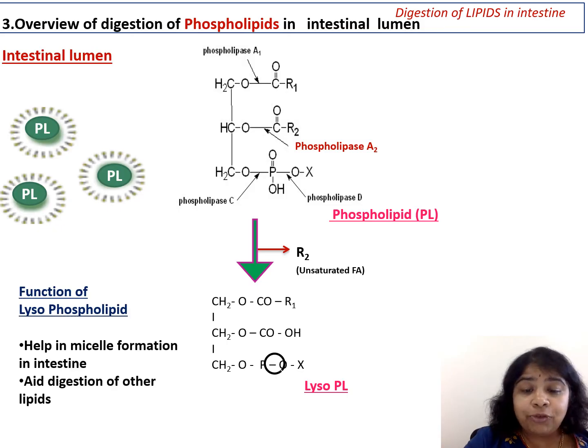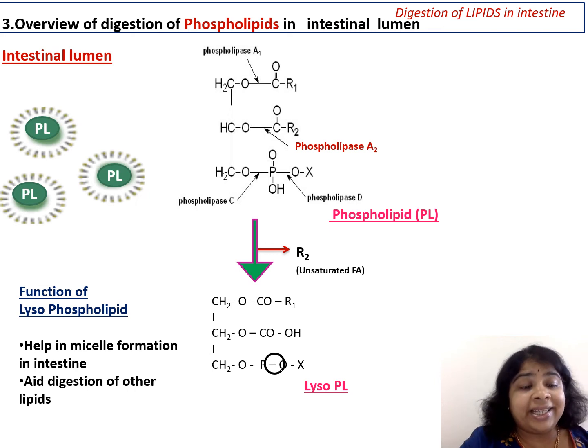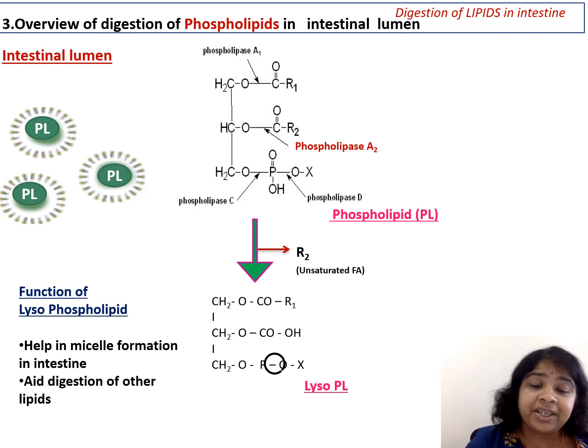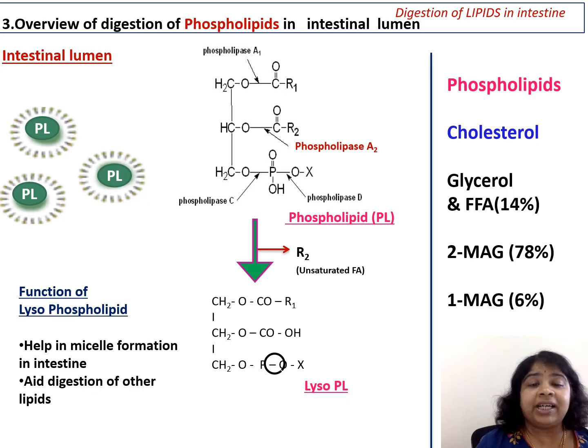This lysophospholipid is amphipathic in nature and therefore helps in micelle formation and in absorption of these digested lipids. Ultimately, the intestinal lumen will contain phospholipids, lysophospholipids, cholesterol, glycerol, free fatty acids, 2-monoacylglycerol and 1-monoacylglycerol.